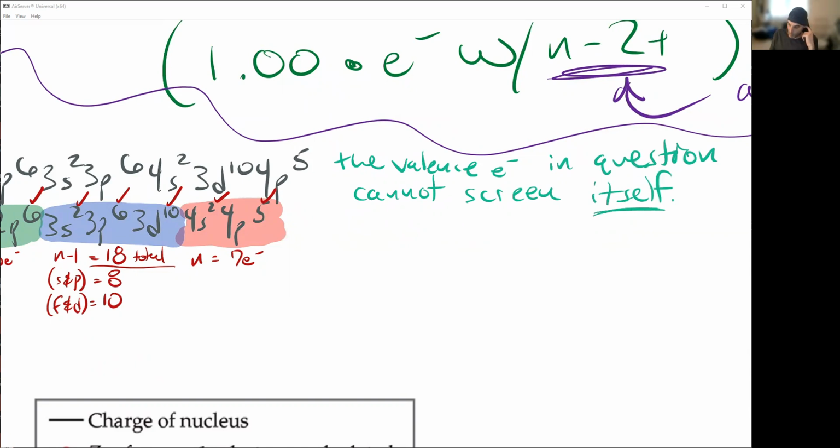So we are doing this calculation to determine the screening constant of one of these outer electrons, right?